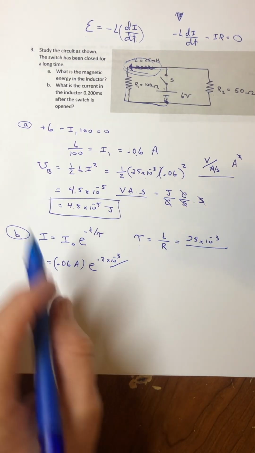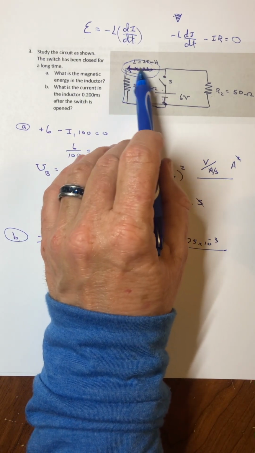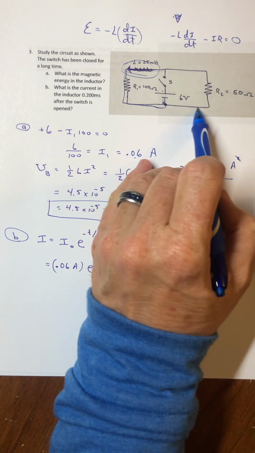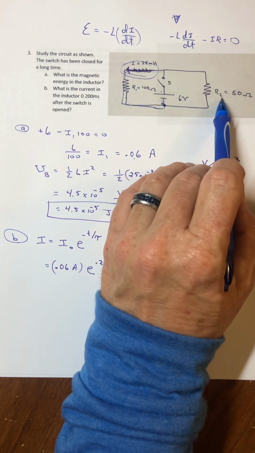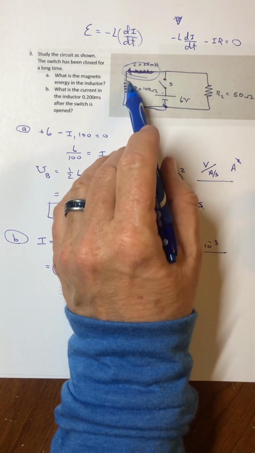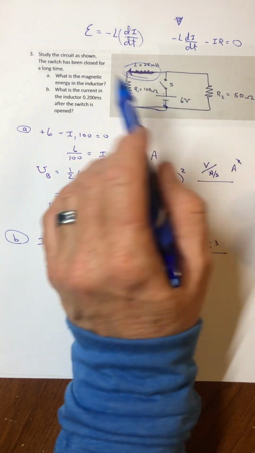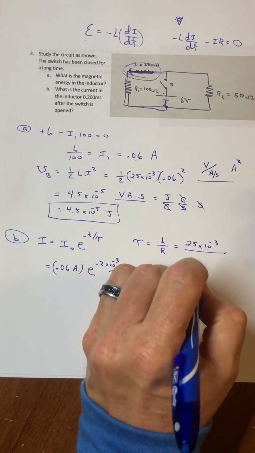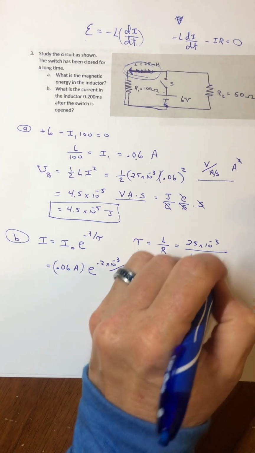But the thing to catch here is that when you open that switch, the current now will start to process itself all the way around the big loop, going through resistor number 2. And since R1 then flows into R2, this is a series, and you can think of them as one resistor of 150 ohms.